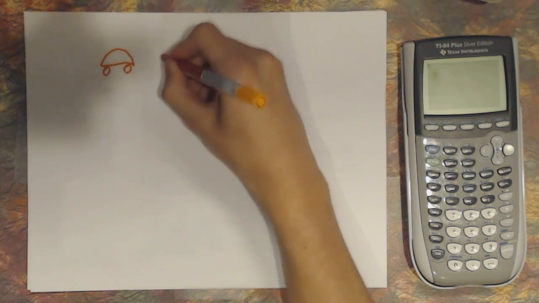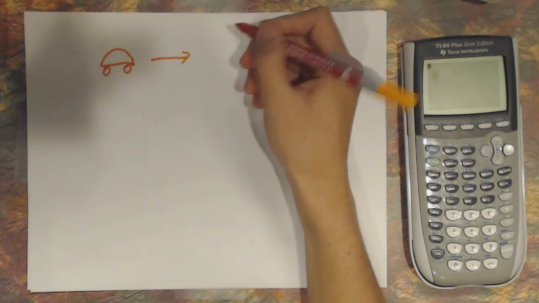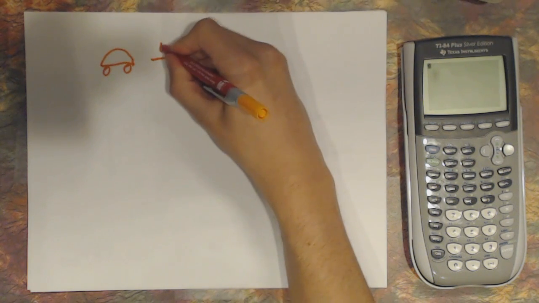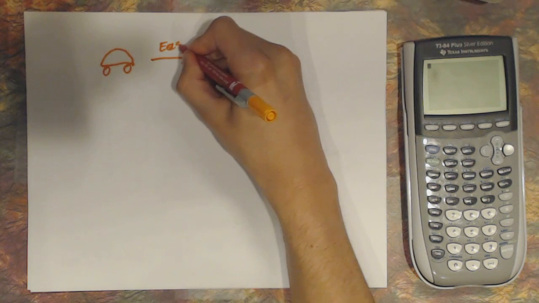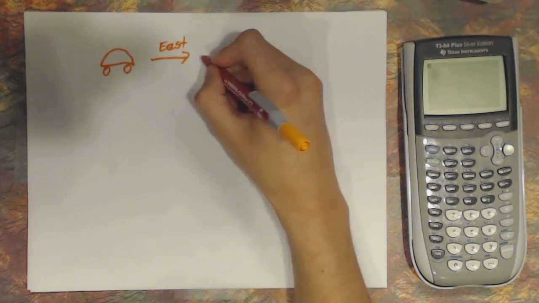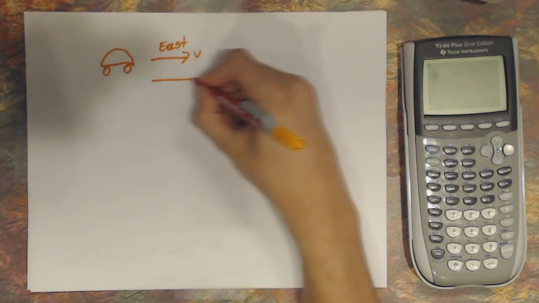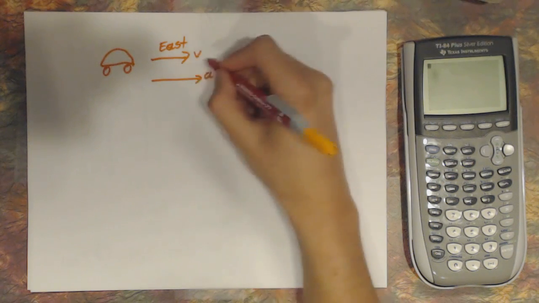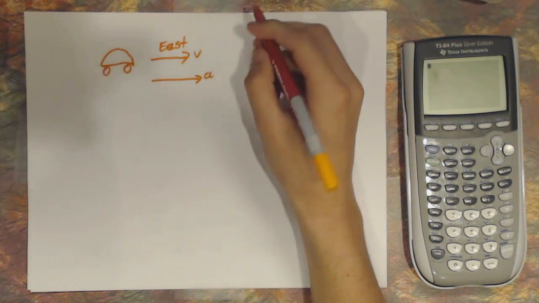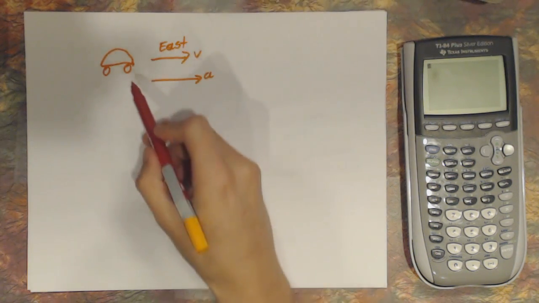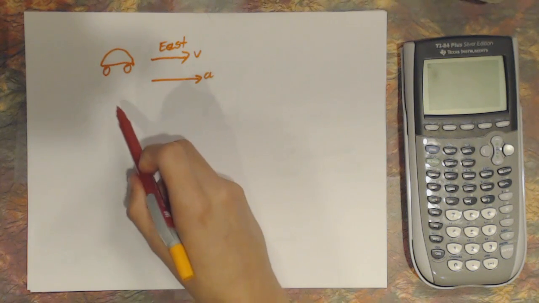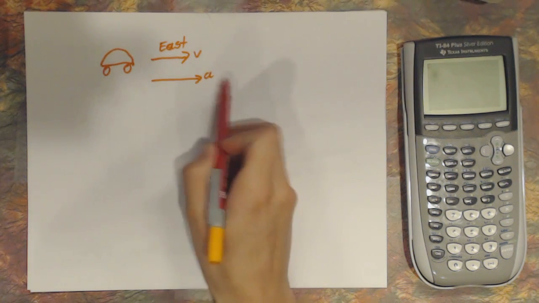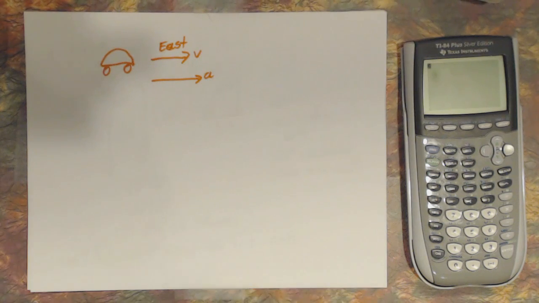So if you have a car that's going, let's call that east, and it's accelerating east, so this is velocity, and this is acceleration, and they're in the same direction. This is like, you started your car going east, and you're pushing on the gas, and you're going faster, you're accelerating. So that is an example of an object with velocity and acceleration in the same direction.